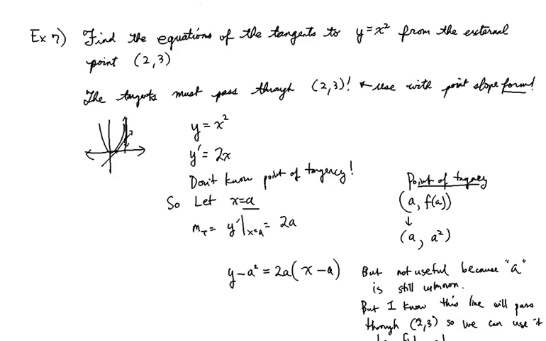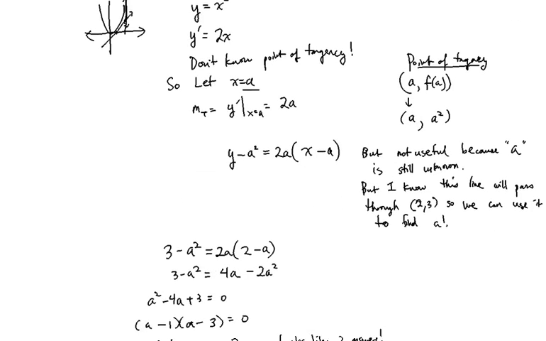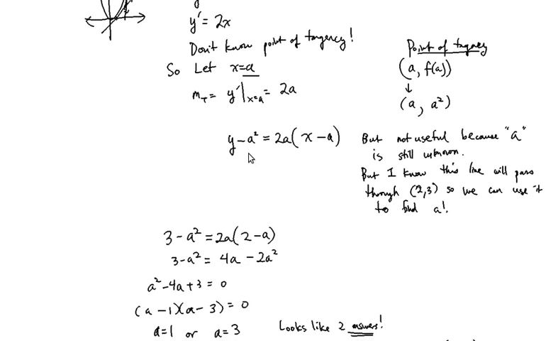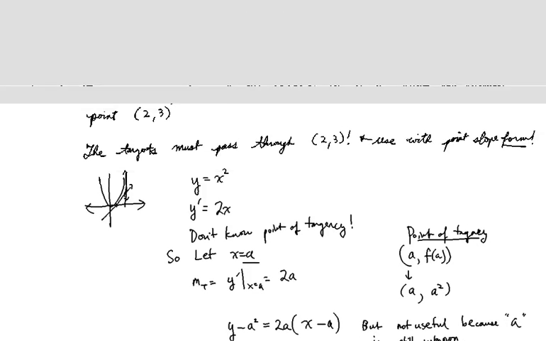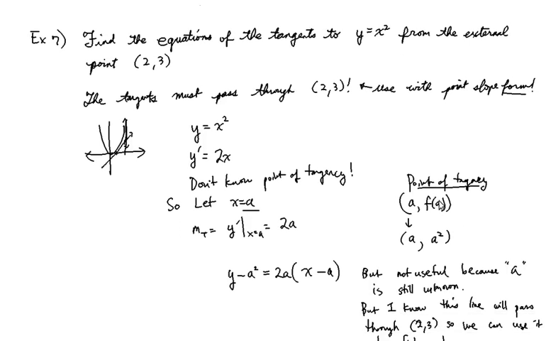Okay, so we're going to use that information to help us. So I substitute in 2 in here and 3 in here and solve for a. And if I can solve for a, then I can come back and answer my question, which was find the equation. Okay, then I can use this again to find my equation.